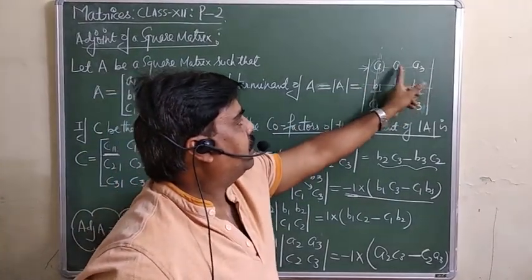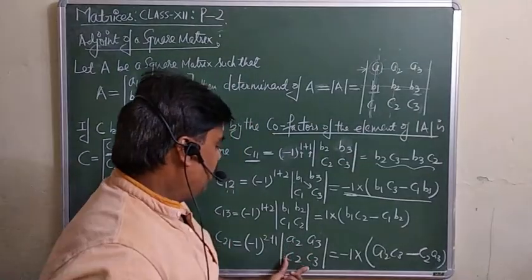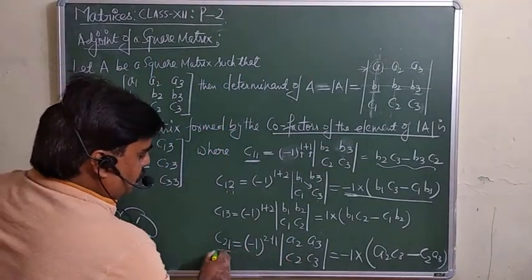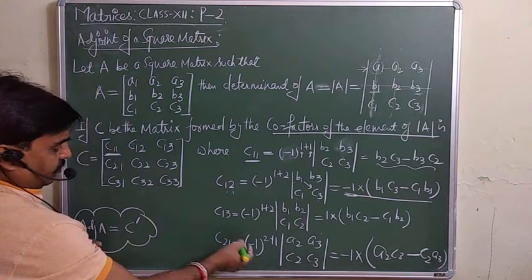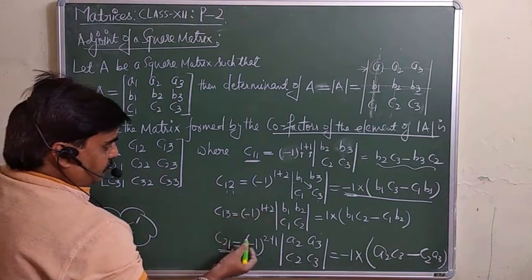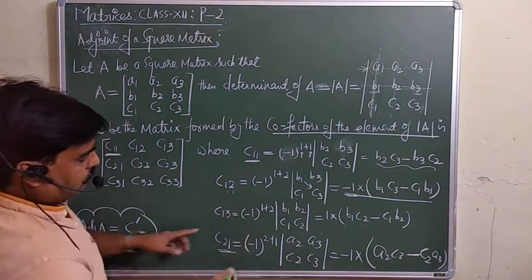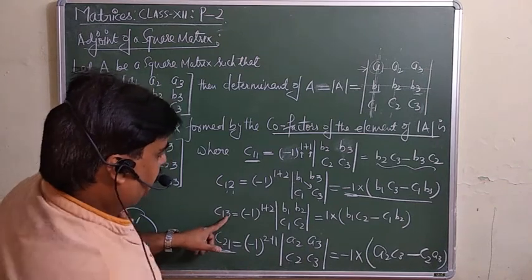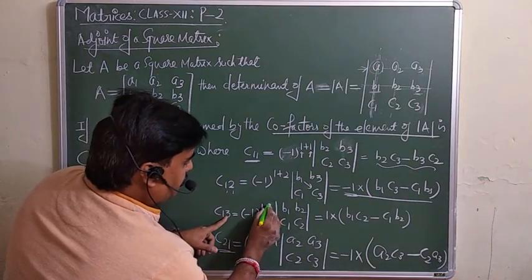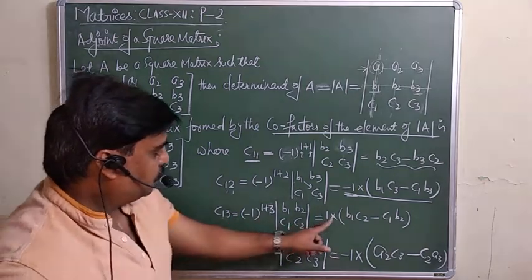Second row, first column we delete, these elements we will write here only, and this sign. So the sign of the cofactor is always plus if the sum of row and column is even, like here 1 plus 3 is 4, so this is plus 1 you will get.